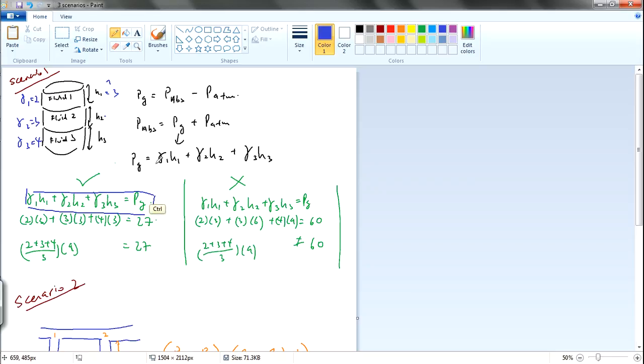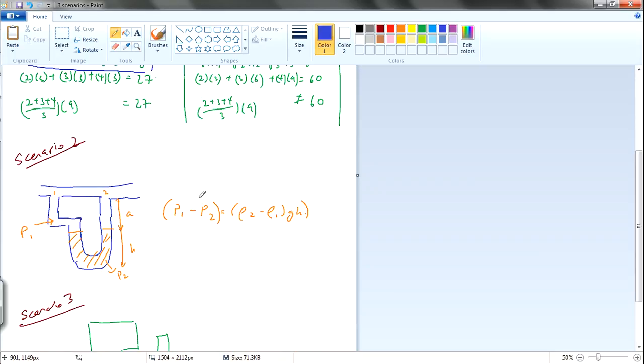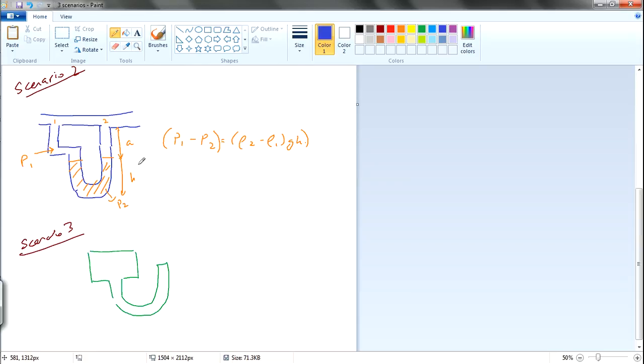Okay, and then scenario 2 is this one. If you happen to see these two shapes, just let me know. For scenario 2, you can use this equation. Okay, this is the pressure difference. Okay, this is the pressure gauge. This one is the P absolute, and then P ATM is equal to 0.